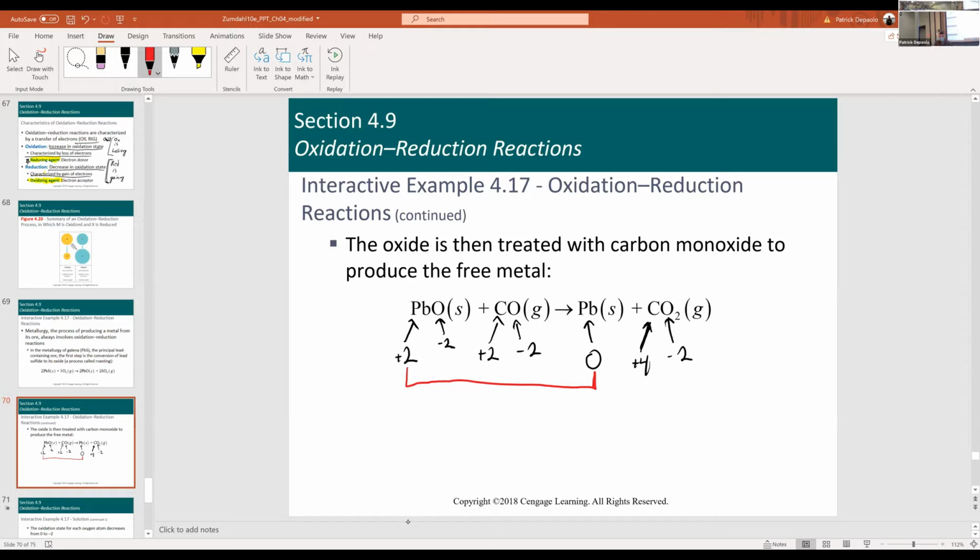Reduced, good. The way to think about reduction is the physical number goes down. The physical number is reduced. That's the easiest way to think about it. So here you have reduction, and if it's being reduced, then it is the oxidizing agent.